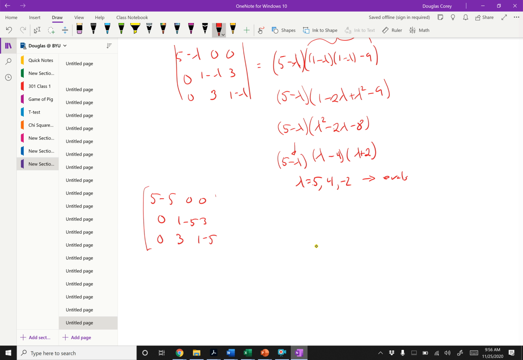And I'm going to augment that with 0. So find the null space of this matrix. I get 0, 0, 0, 0, negative 4, 3, 0, 3, negative 4, and 0, 0, 0.